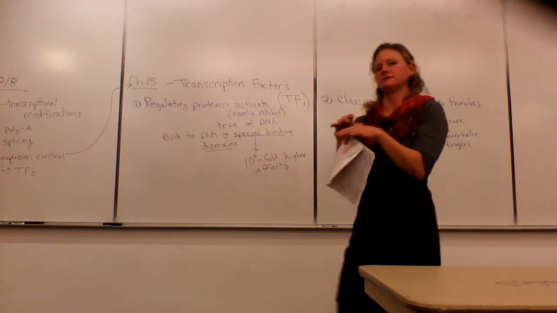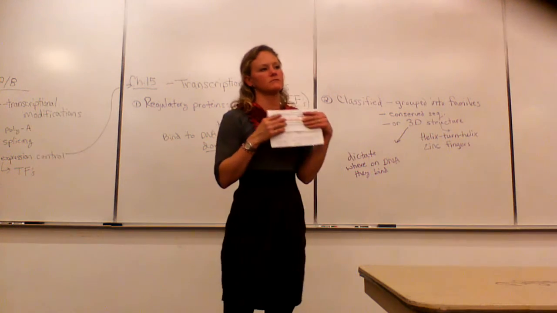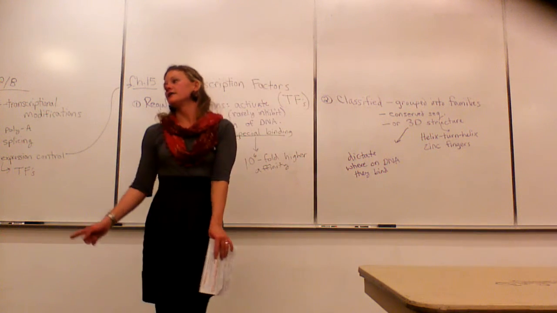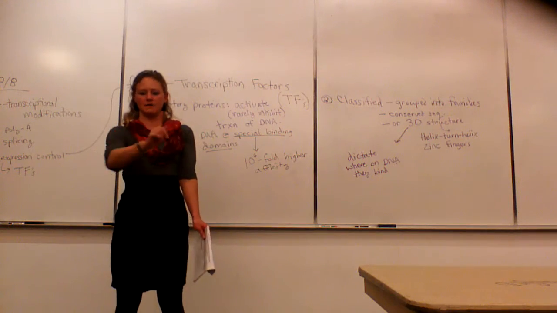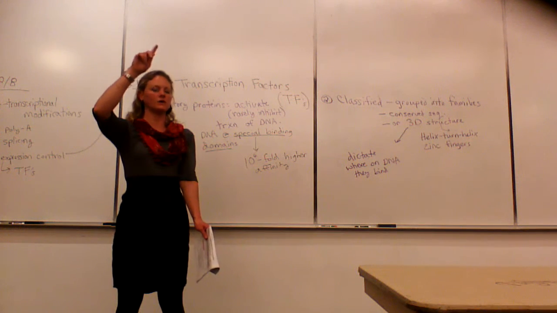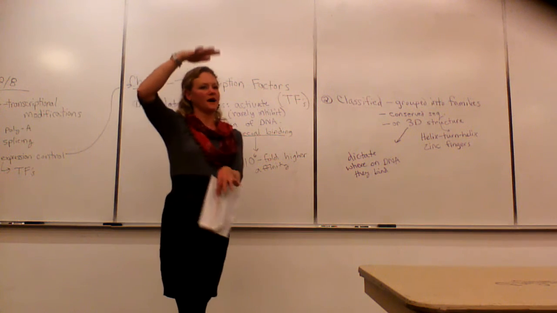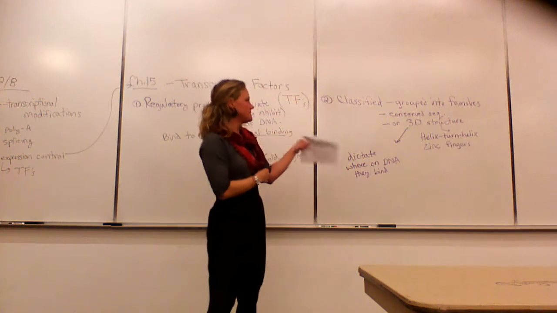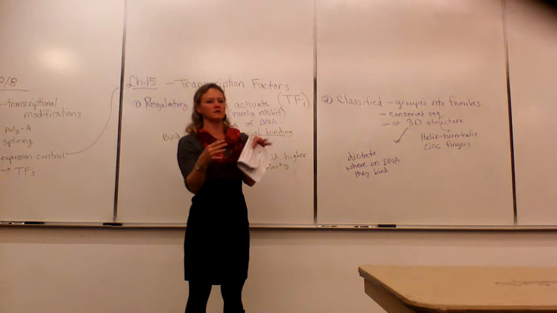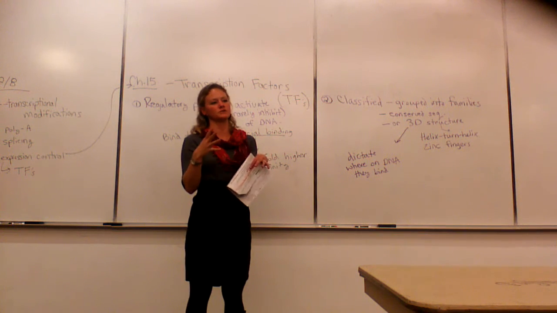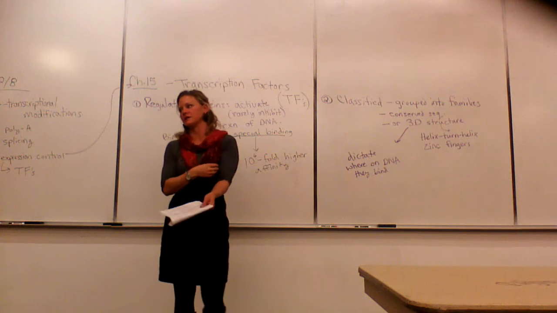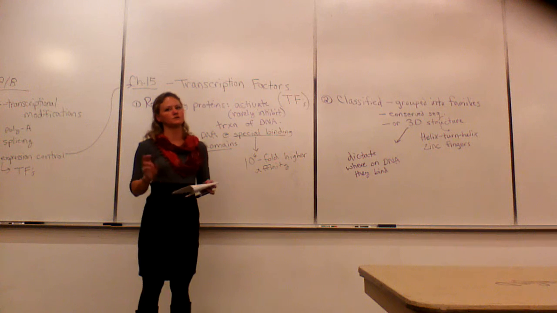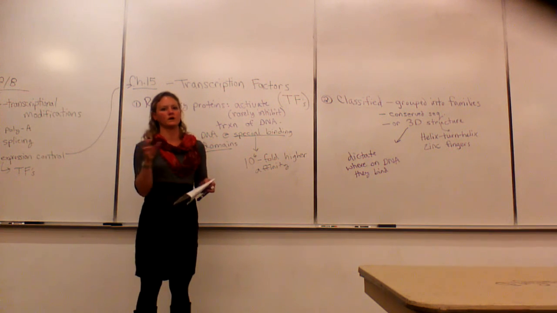We haven't gone into tons of detail on the structure of DNA, but anybody remember hearing it from other classes? Yeah, you have a major groove and a minor groove on the DNA as it makes that helix turn. There's all kinds of physics and chemistry behind the actual structure, the double helix of DNA, and there's a major groove and a minor groove. And these proteins bind in depending on their actual three-dimensional structure. They can either fit in the minor groove or in the major groove. So this classification is kind of important in terms of how these transcription factors function, where they bind in on the DNA.